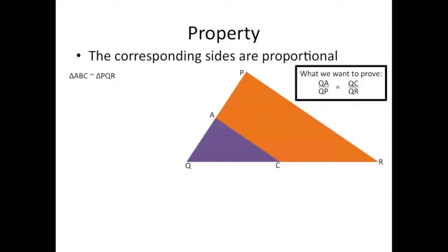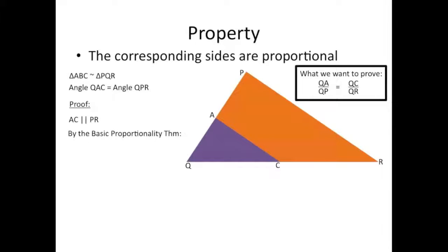And we already know that the triangles are similar, and the following two angles are equal. So that's what's given to us and what's known. With that in mind, we know that AC must be parallel to PR since angle QAC is corresponding angle to QPR.